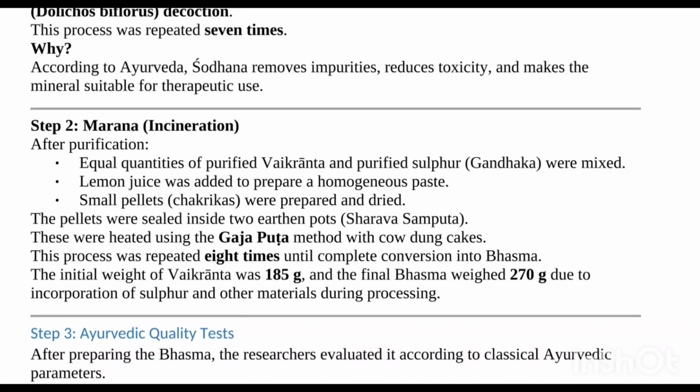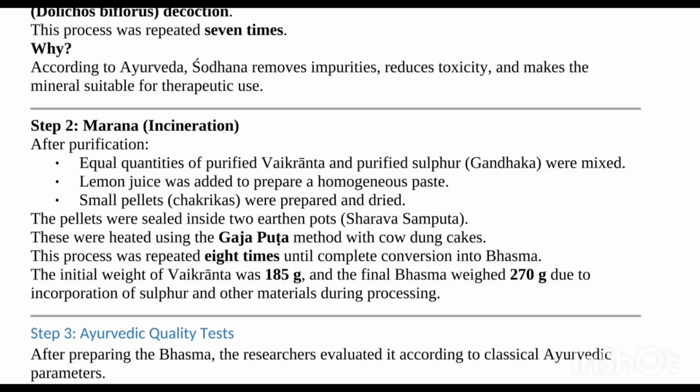The second step is the Marana procedure. After purification, equal quantities of purified Vaikrant and purified sulfur were mixed. Lemon juice was added to prepare a homogeneous paste. Then it was levigated. Small pellets were prepared and dried. The pellets were sealed inside an earthen pot.